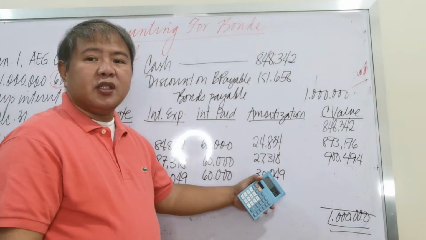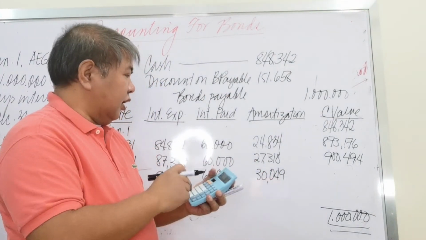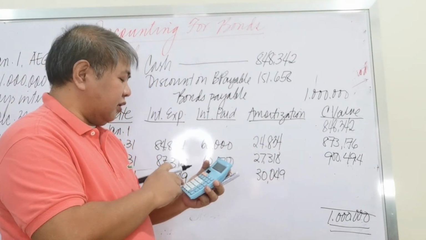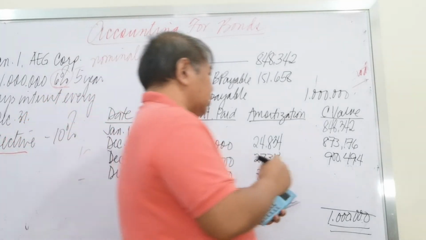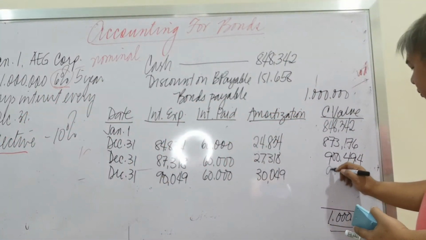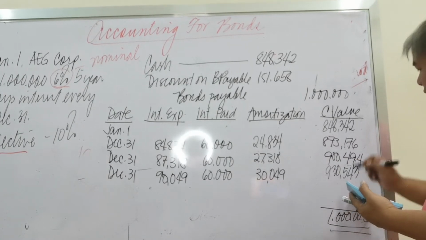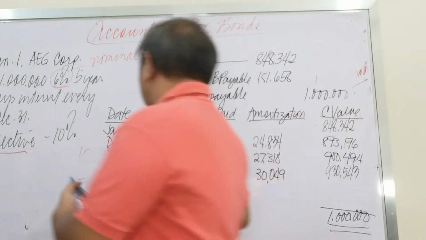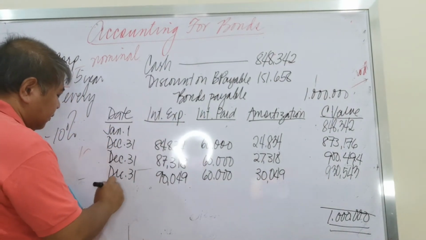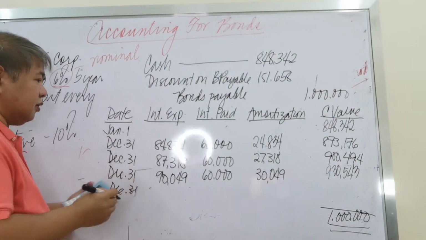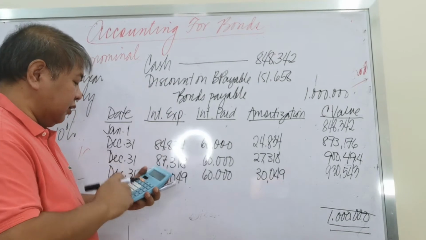So this is now the amortization for the third year. Again, we add to 900,494. So this is 930,543.